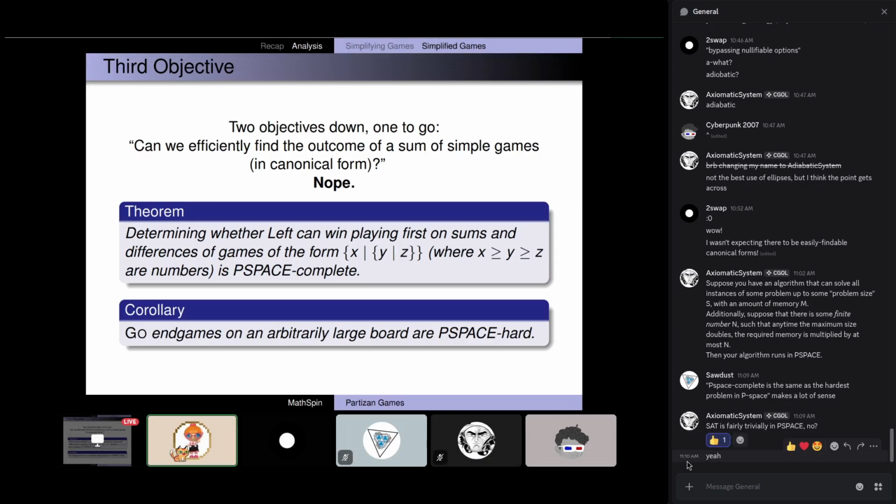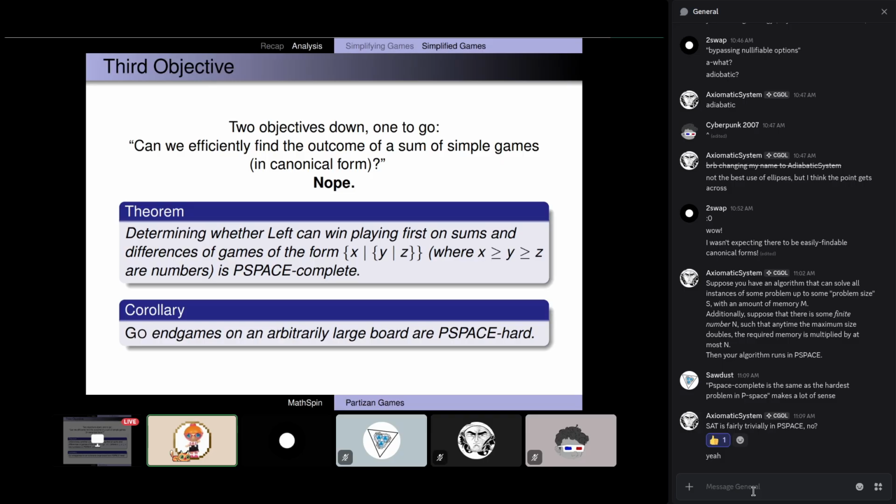Yeah. So PSPACE-complete is no easier than NP-complete, it may be harder because PSPACE contains NP. I'm getting my complexity classes mixed up. If you want to get something worse than this result, we have this crazy result that seems worse than NP-complete, with just 3 numbers X, Y, and Z like this.